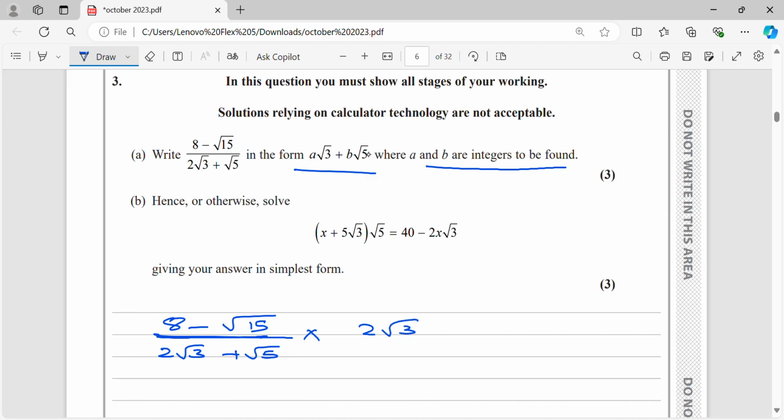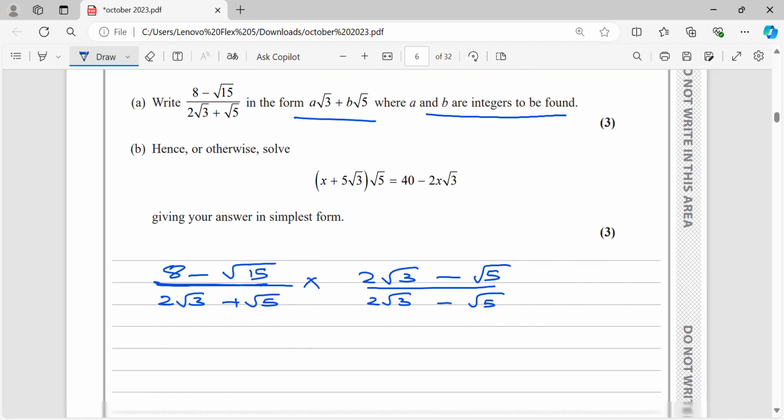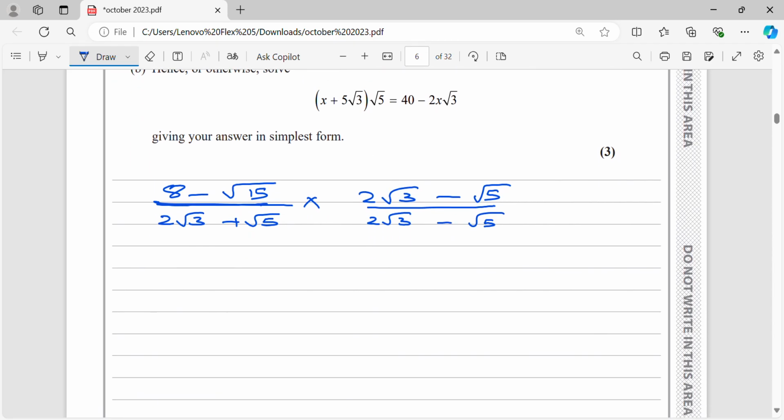So the denominator here is 2 root 3 plus root 5, and I can write down 2 root 3 minus root 5. And we divide by the same thing, because when I cancel it out, I'll get the same thing. So this is called rationalizing. Numerator multiplies with numerator and denominator multiplies with denominator.